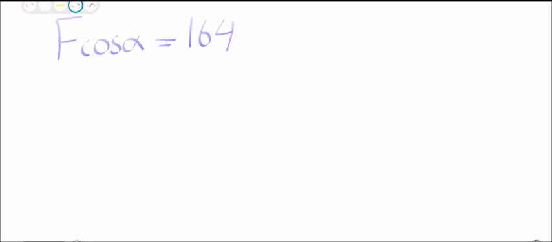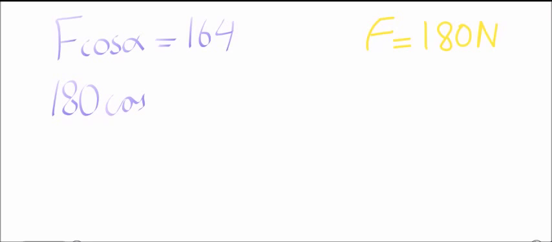Before this, in the question, they gave us that the tension in the rope is 180 newtons. Tension is also a force, so basically our force is 180 newtons. So we just insert this value: 180 cos alpha equals 164.